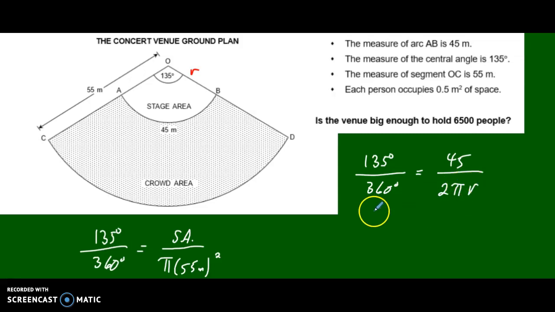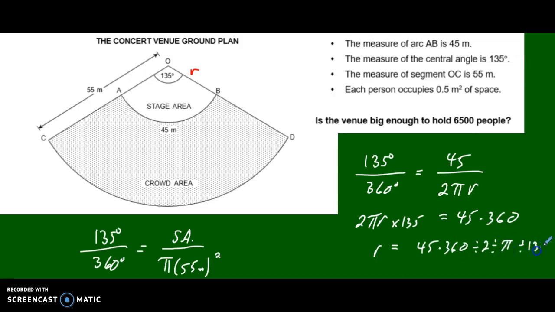If I cross multiply, I get 2 pi r times 135 equals 45 times 360. So r equals 45 times 360 divided by 2, divided by pi, divided by 135.